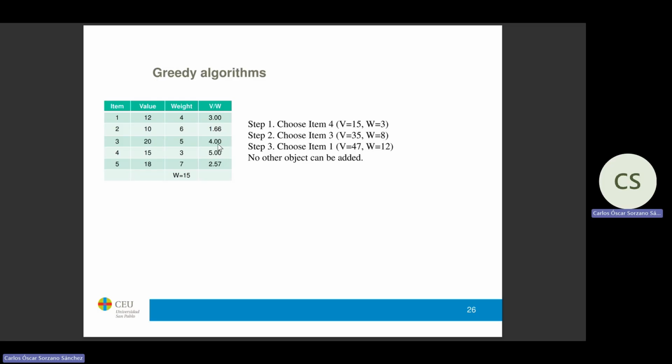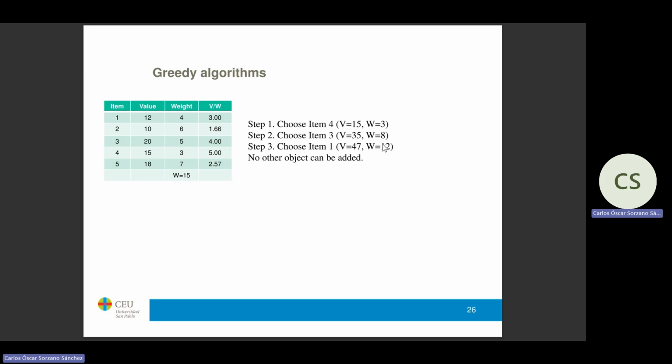And then the next most valuable is this one, and then my weight is 12. The remaining objects, number 2 and number 5, are heavier than my capacity, so I cannot take them. So the total value is 47, which is not bad.